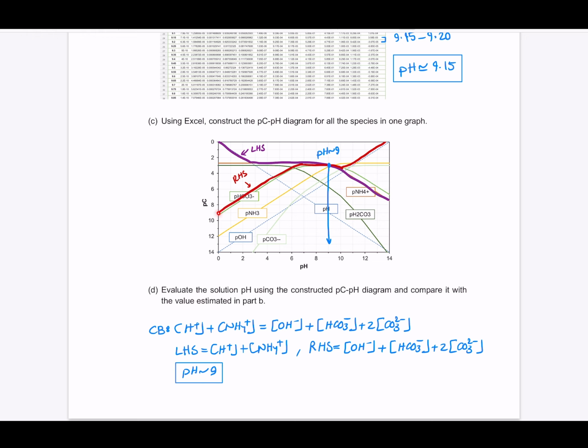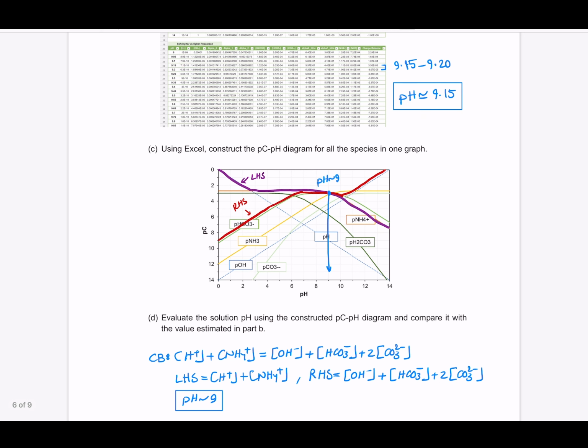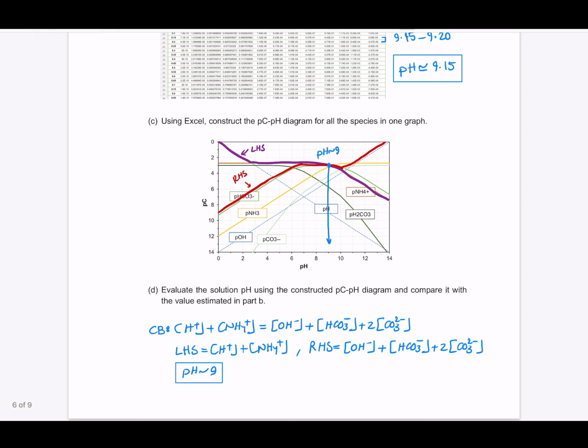Again, this drawing was not the best, but there's no conflict before here, just one crossover between the two lines, and then it continues with the higher value. So the pH was also predicted to be 9, which is very similar to what we had using the Excel spreadsheet, which is more accurate. It doesn't rely on observation, but on the actual mathematical operations.